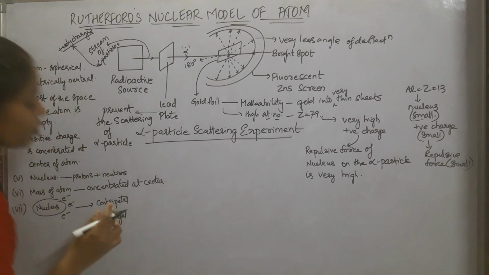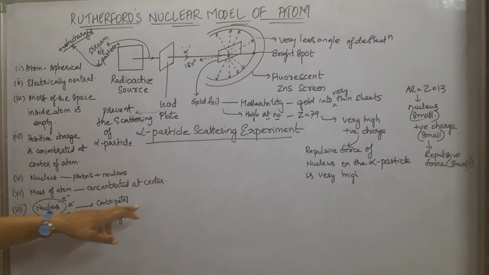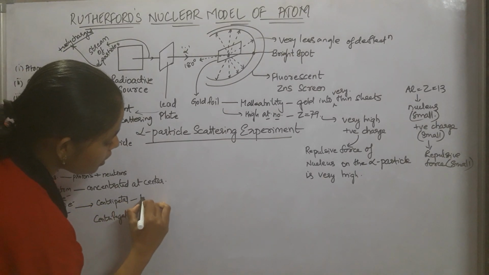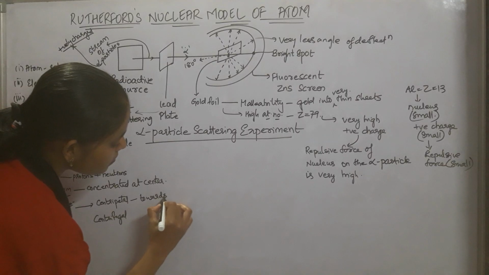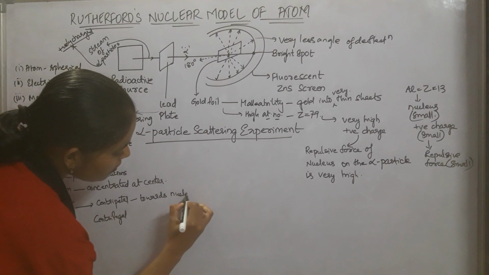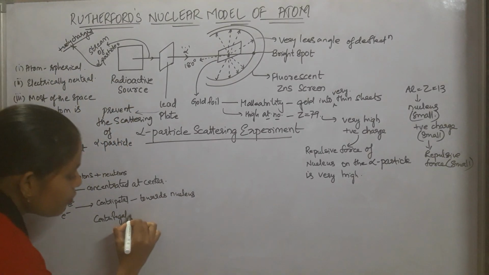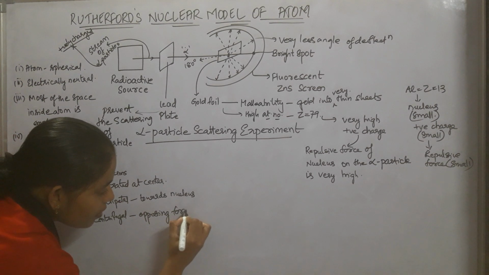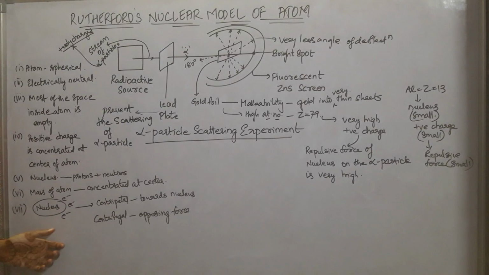The centripetal force is towards the nucleus, that is, this force is on the electron towards the nucleus. The centrifugal force is the opposing force present between the nucleus as well as the electron.